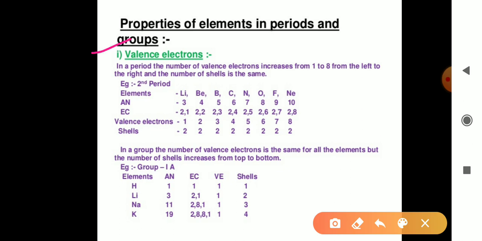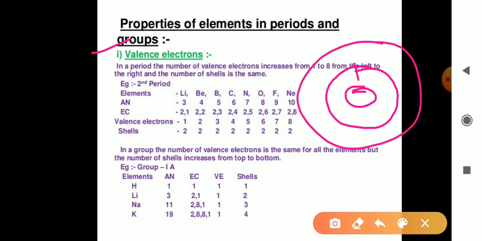Now what is meant by valence electron? Suppose there is any atom. That atom contains a nucleus, and around the nucleus there are different shells. Suppose this is the center, at the center there is the nucleus, around the nucleus this is the first shell, then the second shell, like this. So valence electrons are the number of electrons present in the outermost shell.